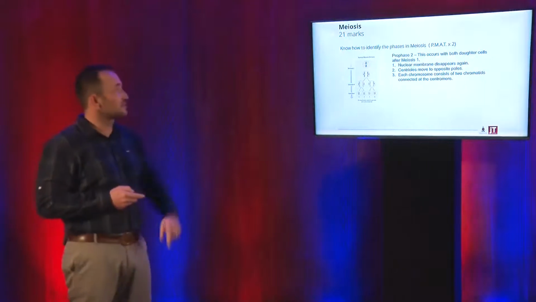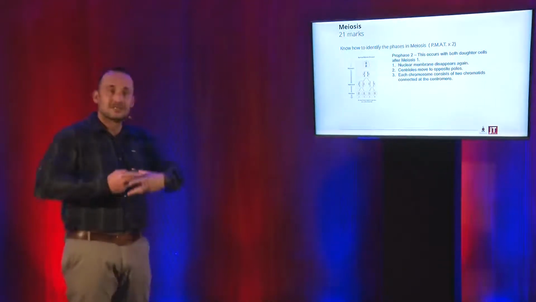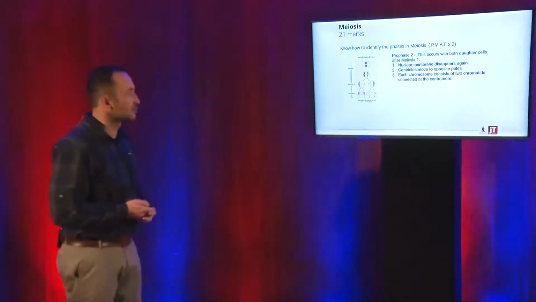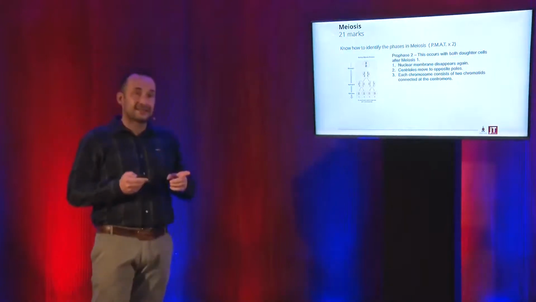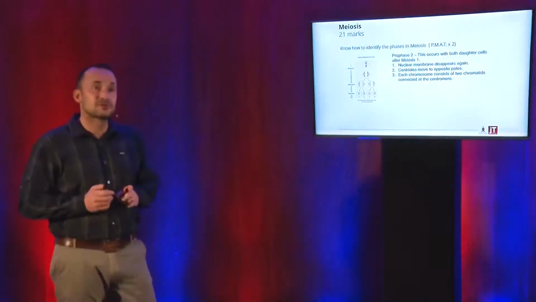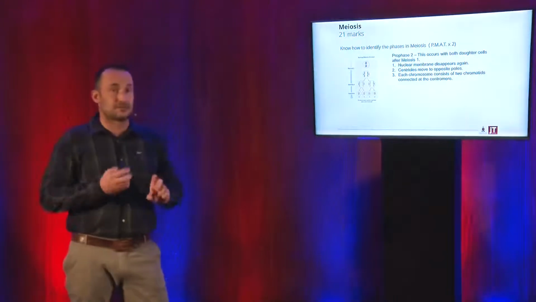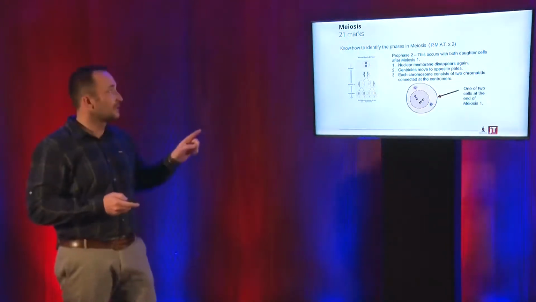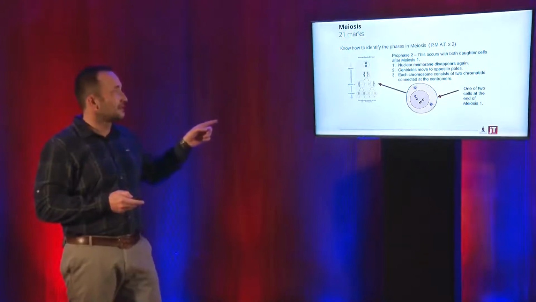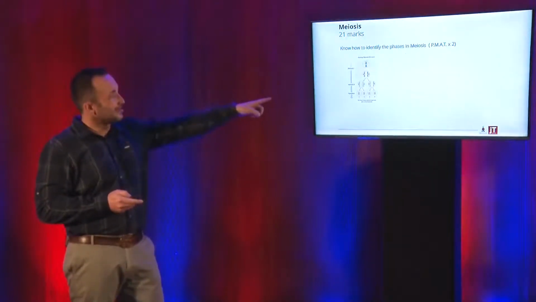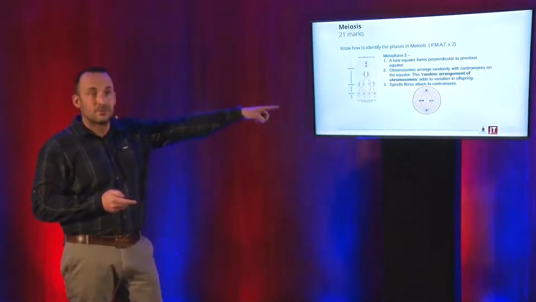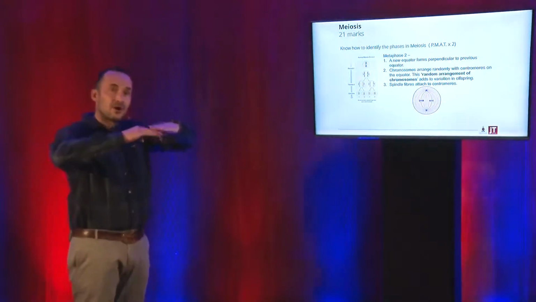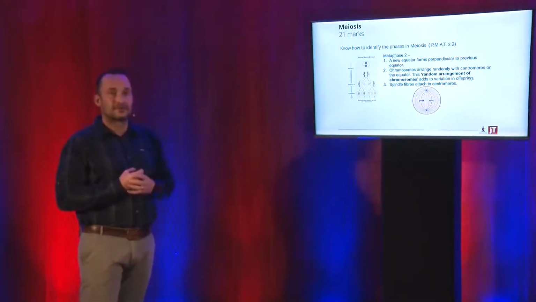In prophase 2, our nuclear membrane disappears, centrioles move to the opposite poles again, and each of my chromosomes, which consists of two chromatids joined at a centromere, aligns at the equator with the centromere on that equatorial line.